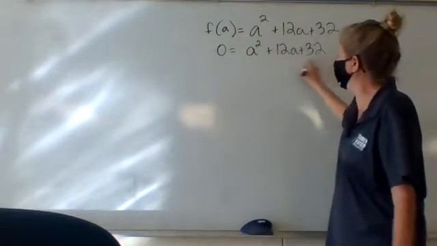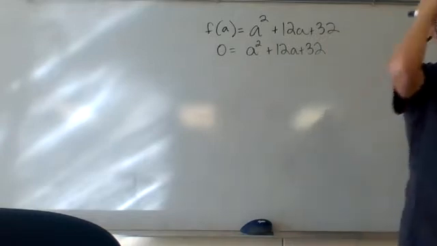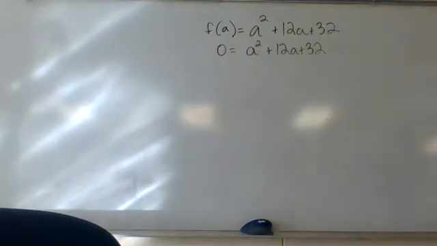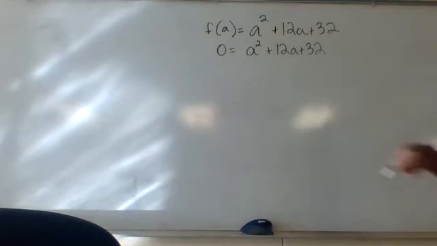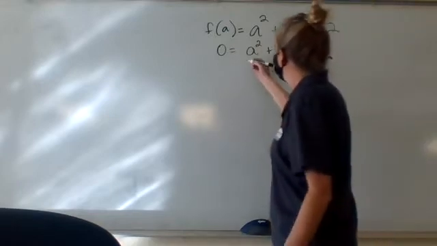That's what's going to find what makes this equal 0. That's what it means when you're finding zeros. Then I'm going to see if this trinomial will factor, because factoring is one of the methods to solve these quad problems. So let's see if this trinomial will factor.